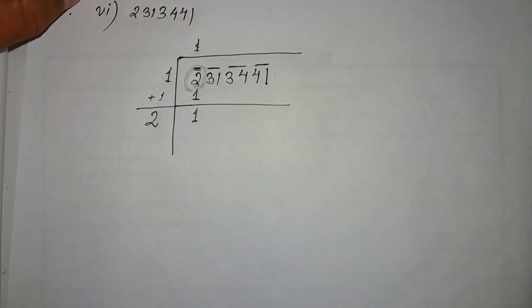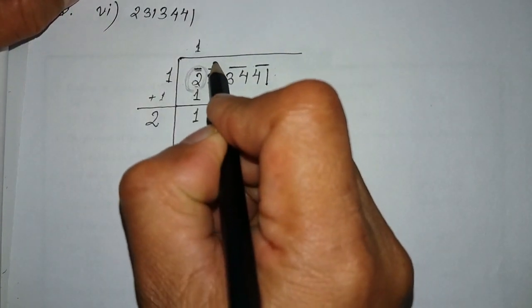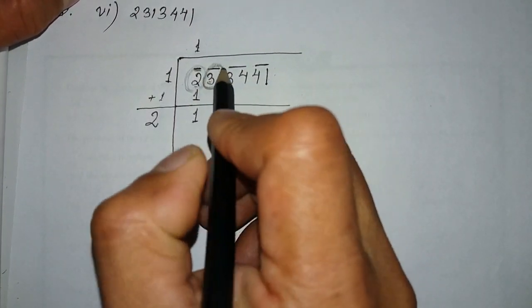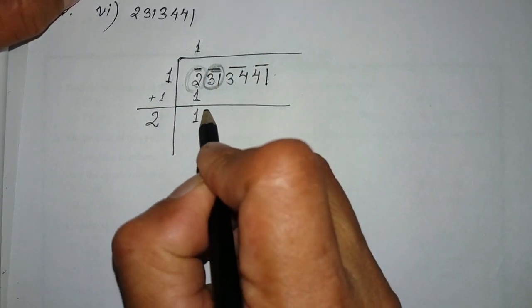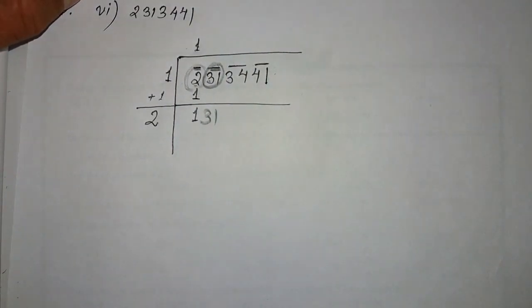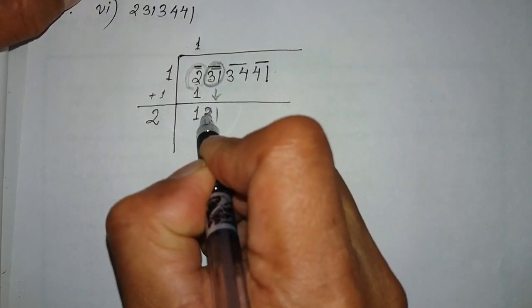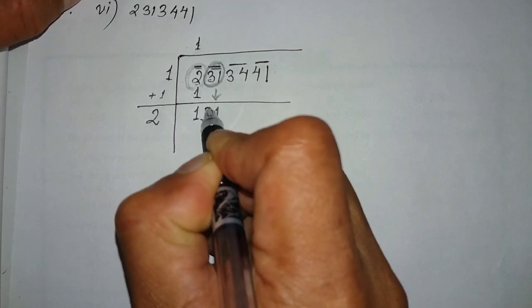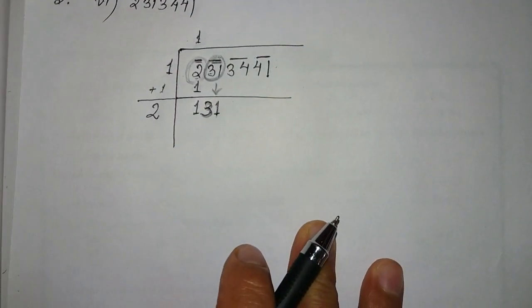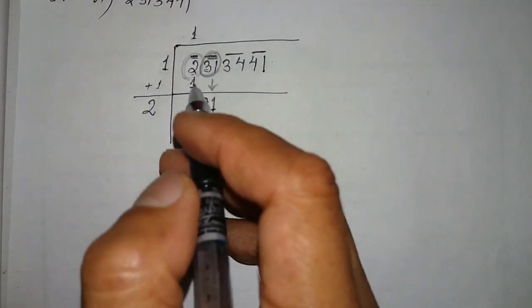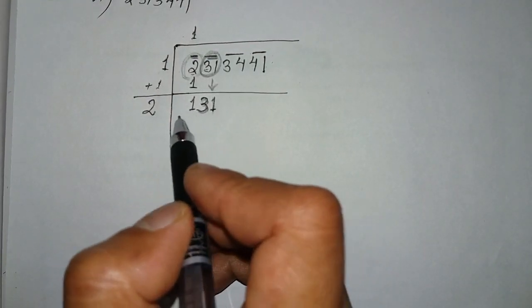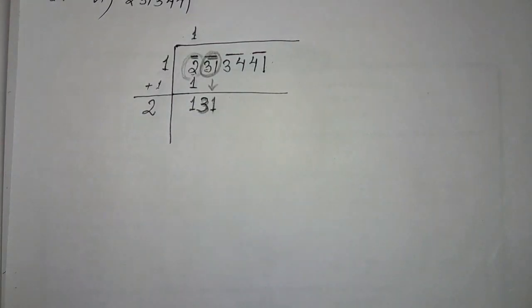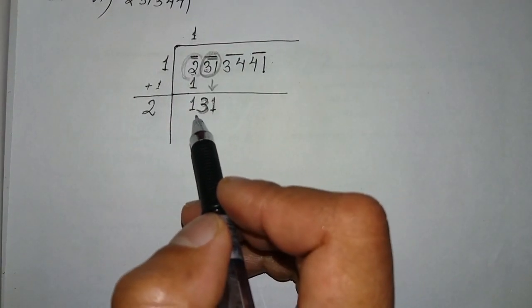Next we will take down the digits below the next bar here. So we have 3 1. So we will take down here 3 1. Now we will think of a number to write here again. Now this is 131.